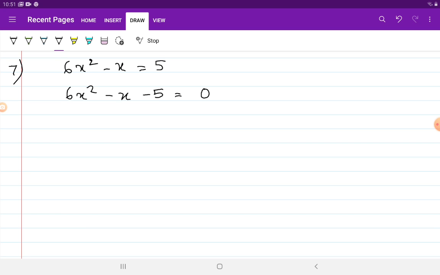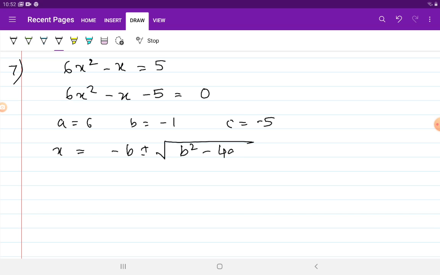So now it's in your convenient ax square plus bx plus c form, where a is 6, b is minus 1, c is minus 5, and your formula is minus b plus or minus root under b square minus 4ac, divided by 2a. So putting these values into this equation, you will get x as equal to minus of minus 1.